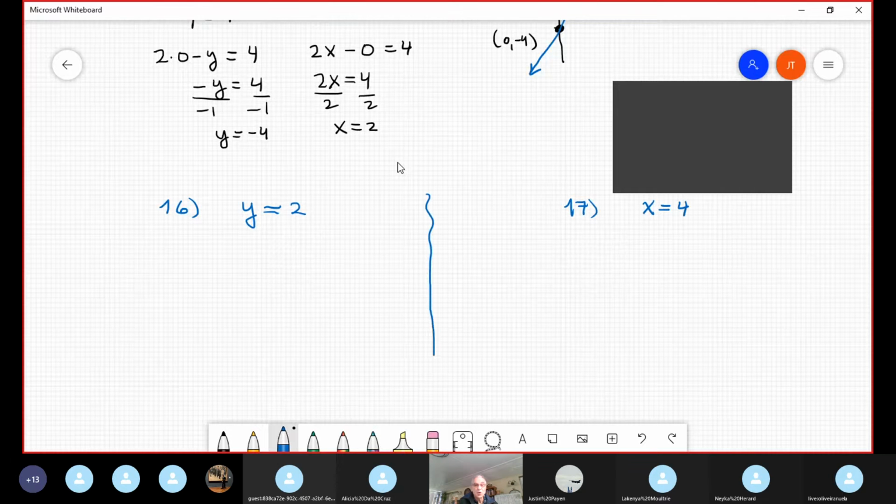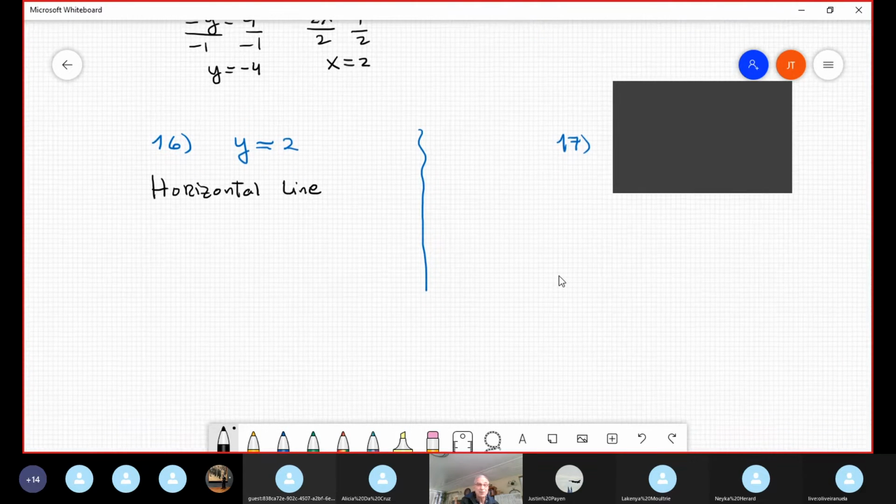Let me focus on y equal 2. Y equal 2 is special. Why is it special? Because it's a horizontal line. So you recognize immediately, when you see y equal any number, that it is a horizontal line, passing through 2, of course. It's completely independent of x because x is missing in this equation.